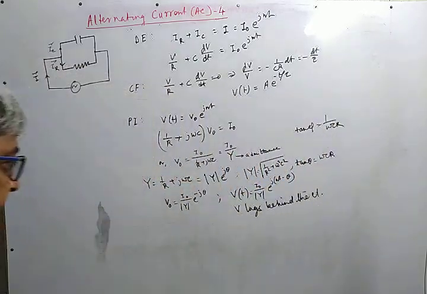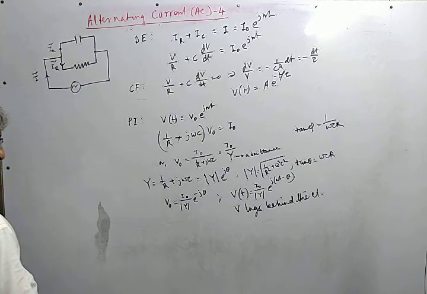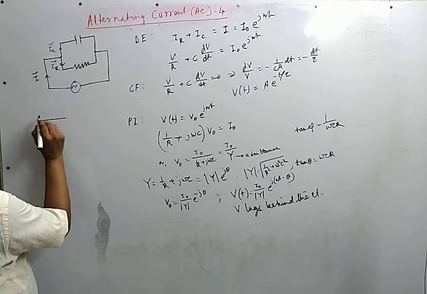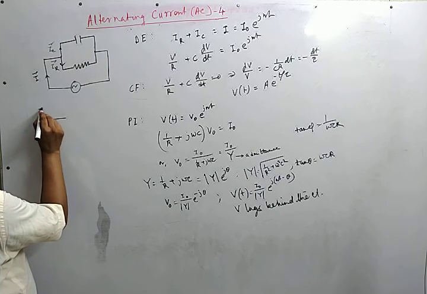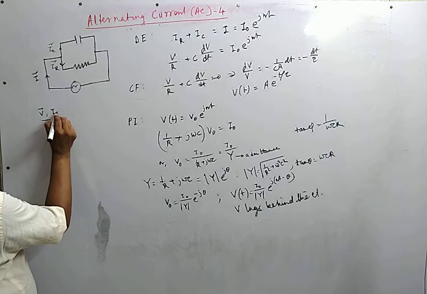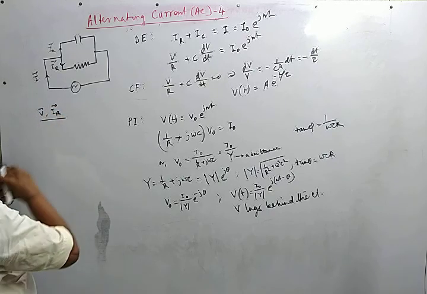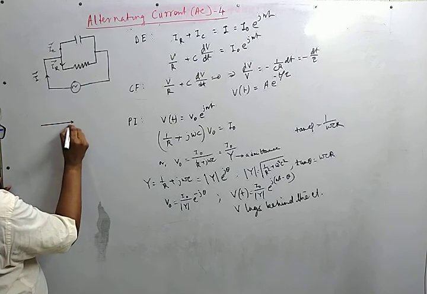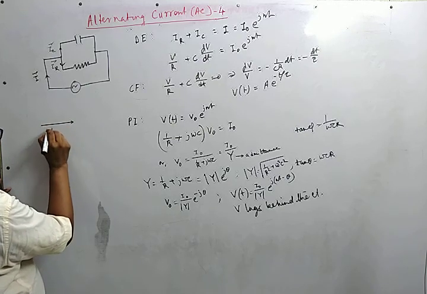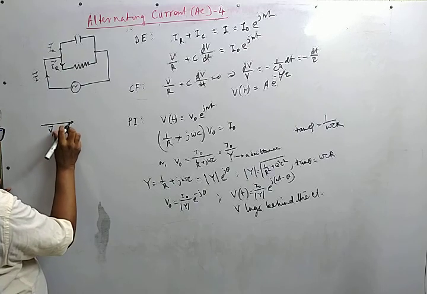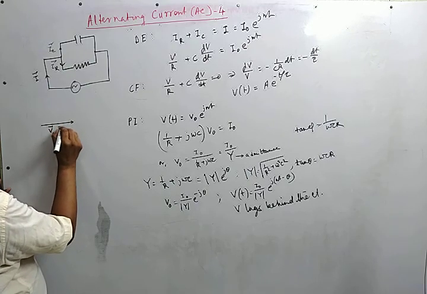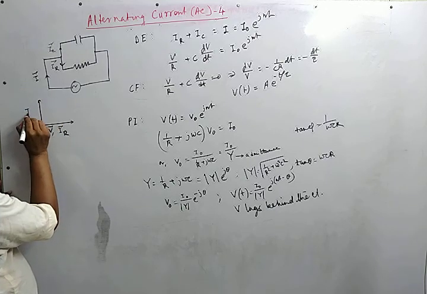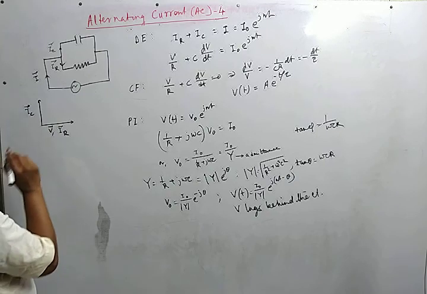Let me verify this from the phasor diagram. Let at a particular instant this be the voltage, so this is also the current phasor across the resistance. And this is the current phasor across the capacitance.